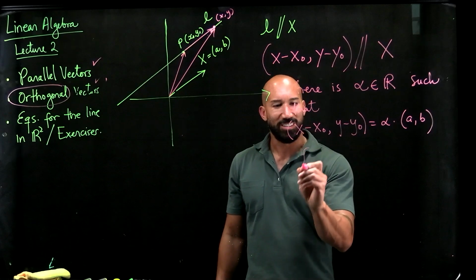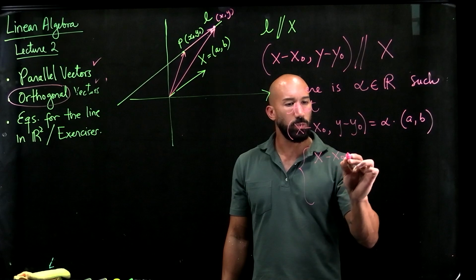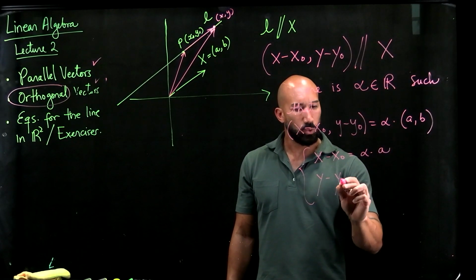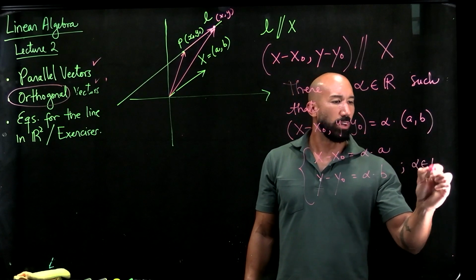And what is this giving us? This is giving us x minus x0 is equal to alpha times a, y minus y0 is equal to alpha times b, where alpha is real.